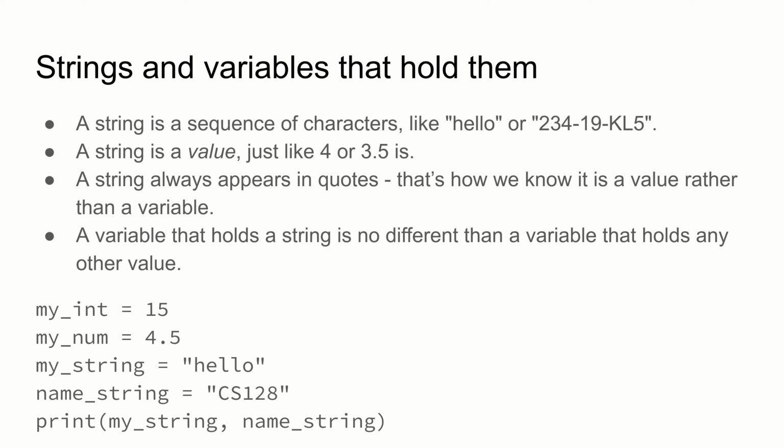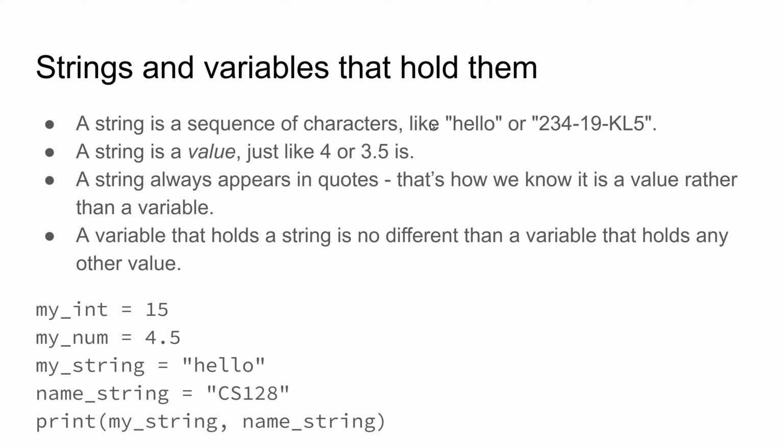It's perfectly fine to do that because all of that long sequence of characters is a string. When you put strings into your program as values that you want to assign to a variable or that you want to print out or things like that, you will put it into quotes.